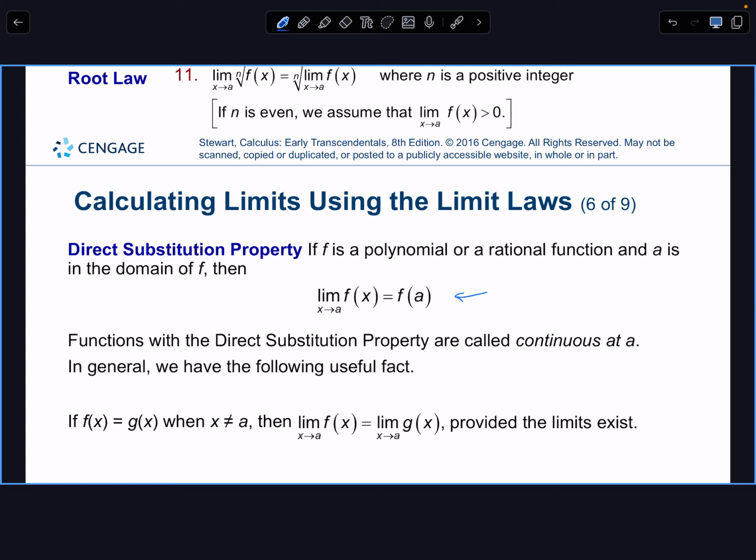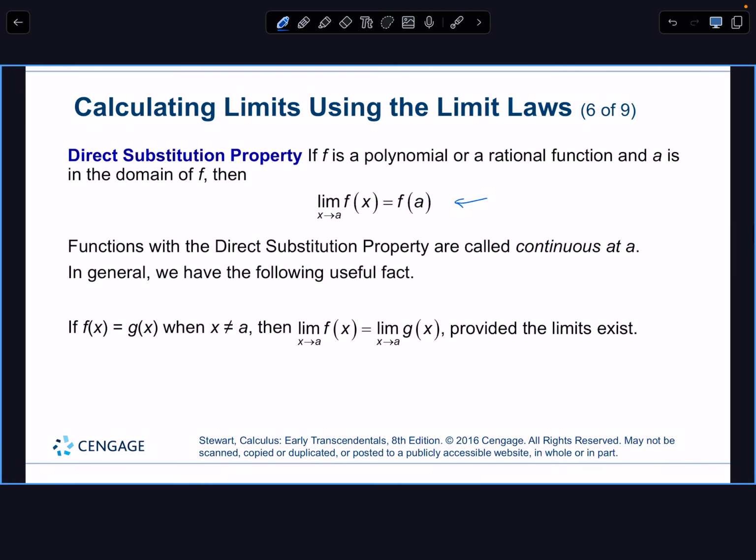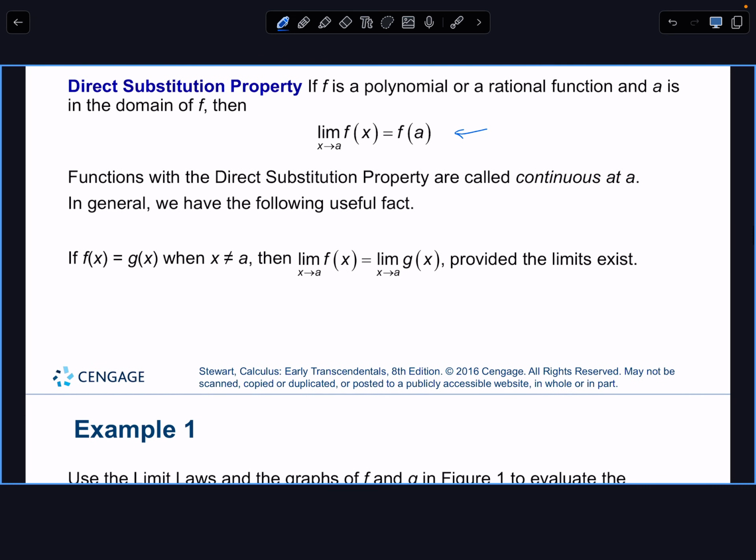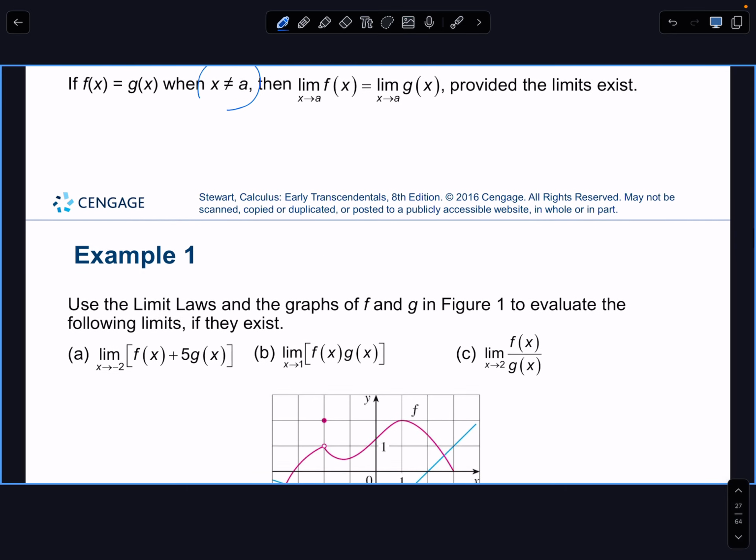If you have certain functions like polynomial functions, rational functions, you can just substitute in because a is in the domain. It's defined at a. It's okay to put a in the function. And it's okay that x doesn't equal a if there's a hole at a.